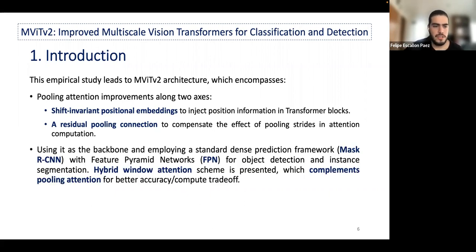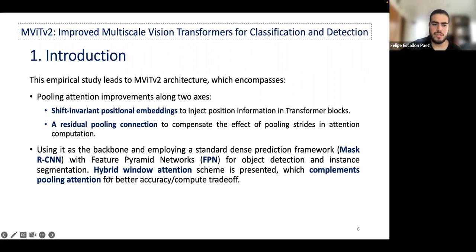So as I already mentioned, they also use the transformer with a feature pyramid network to generate object detections and instance segmentations. So they make a little twist to it in the sense that they are using hybrid window attention.